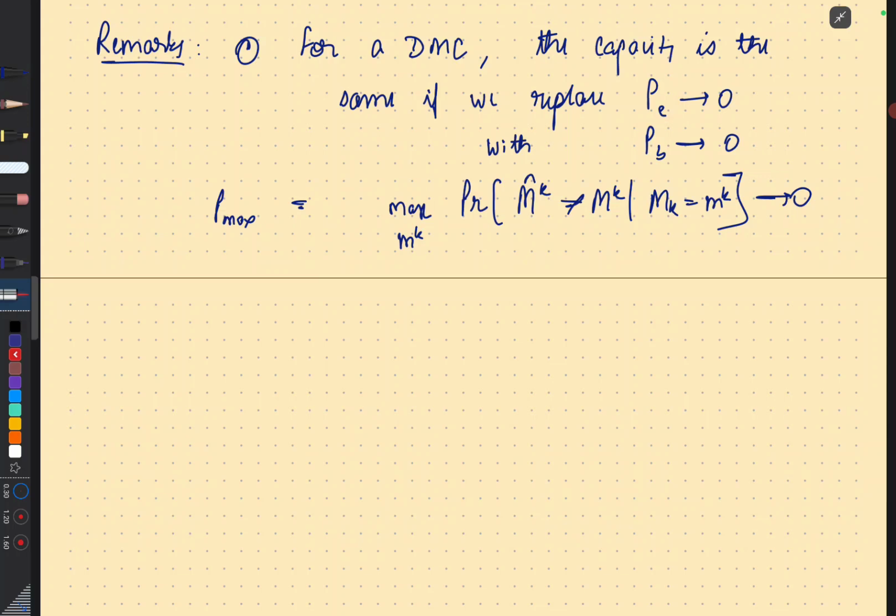Okay, so the point here is that when you take the maximum probability of error, or when you take the average probability of error, what is that equal to?